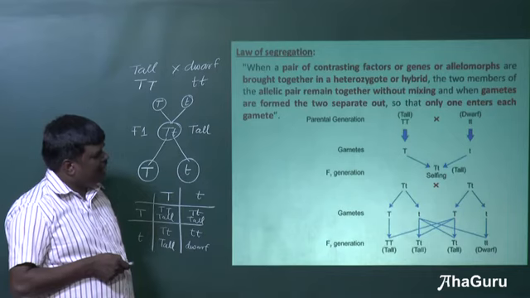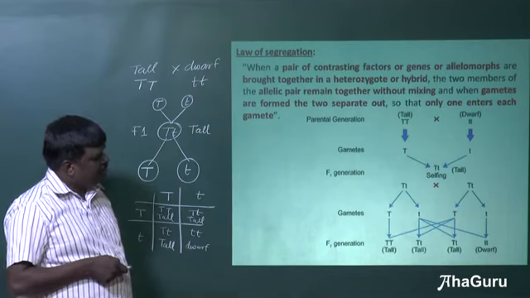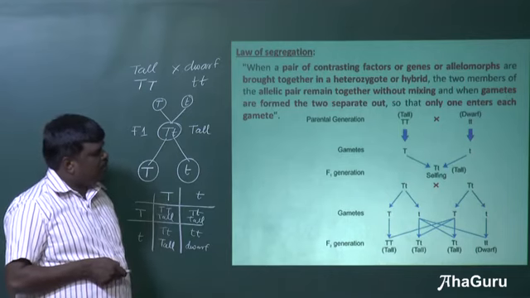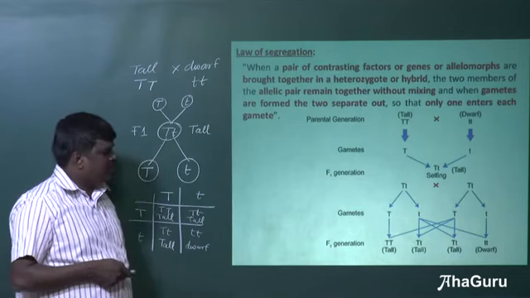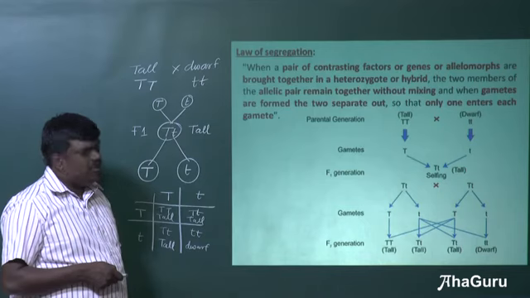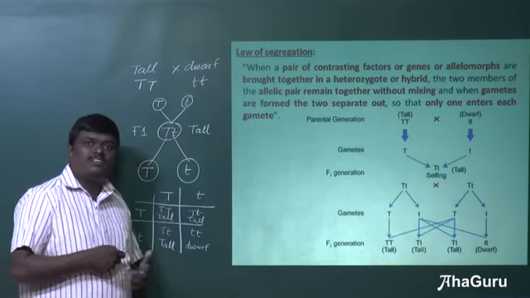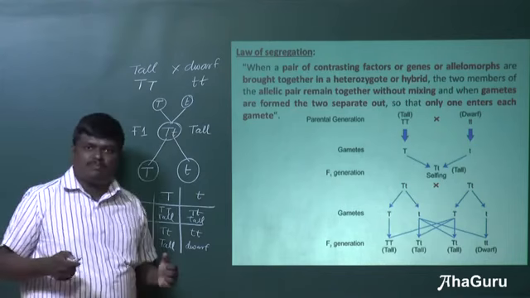When they form the gametes, they can easily separate, and they are able to form the characteristic individually. So capital T, capital T, capital T, small t, they can form the separate characteristic. That is what the law of segregation explains.